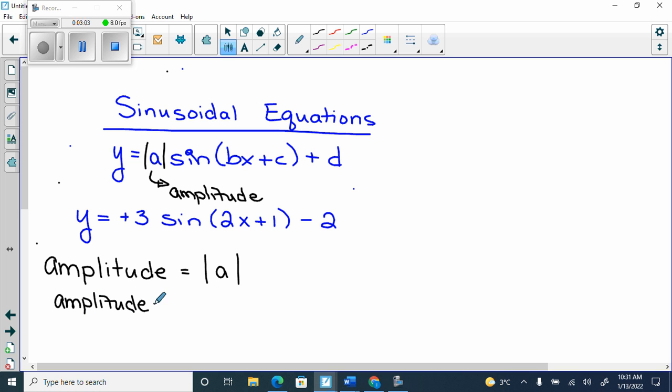Absolute value of plus 3, and the absolute value of any positive is just itself. It's just 3. That's how quick it is. If that would be a negative 3, my amplitude would still be positive 3 because the absolute value would turn it to a positive.